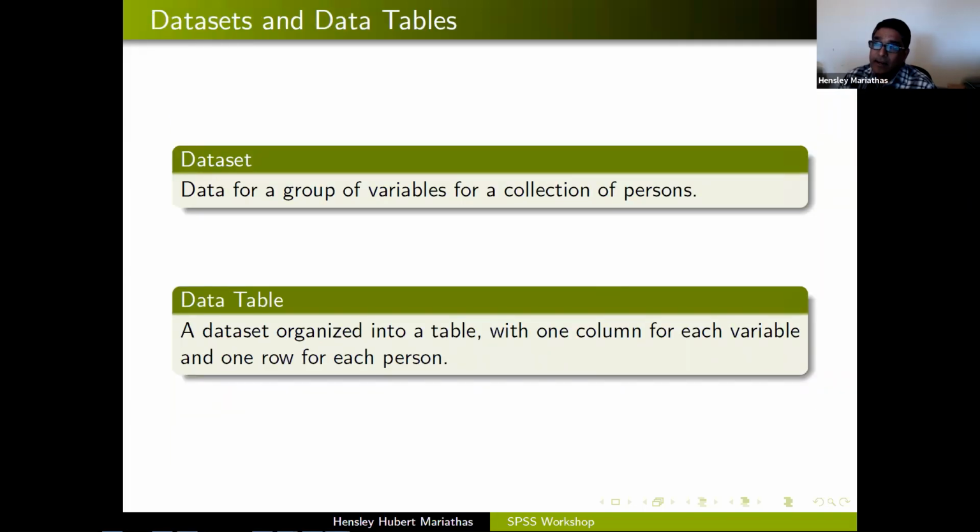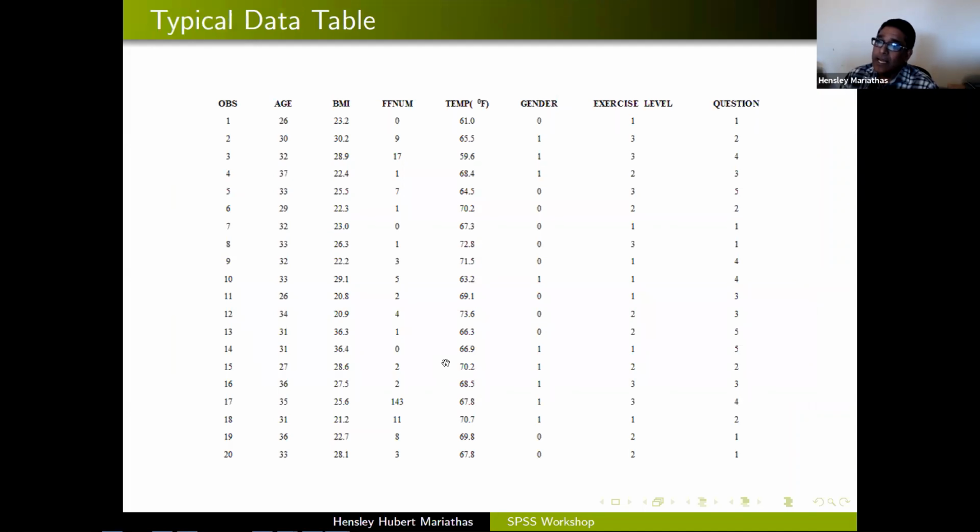Data set and data table. A data set is data for a group of variables for a collection of persons. A data set is organized into a table with one column for each variable and one row for each person, right? As I look at the typical data table here, there are 20 observations in this data set.